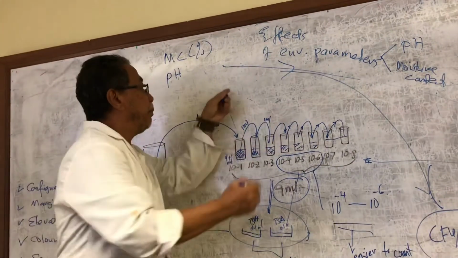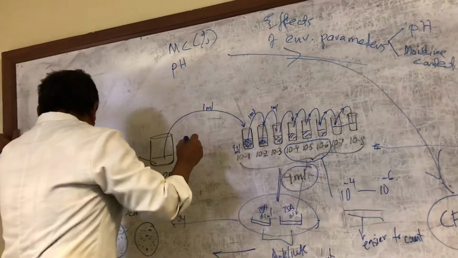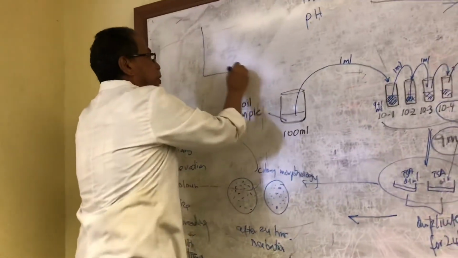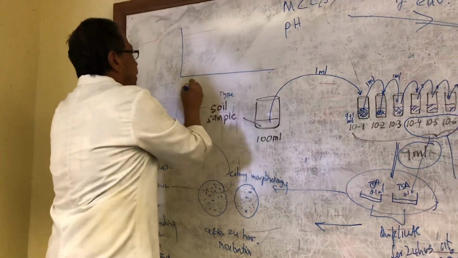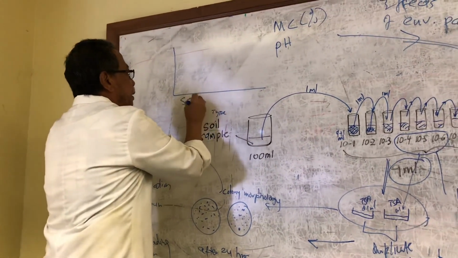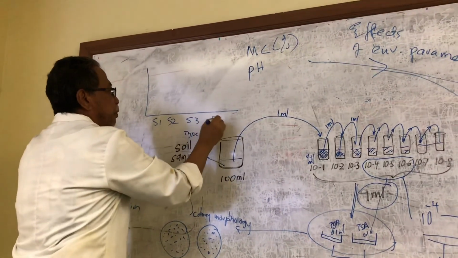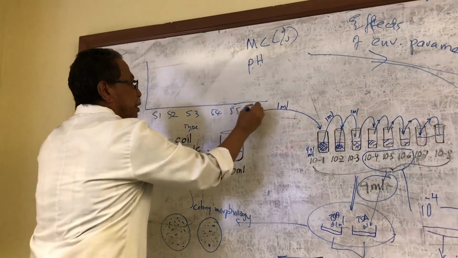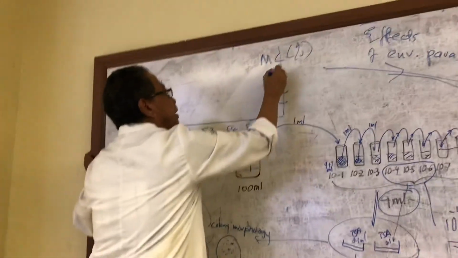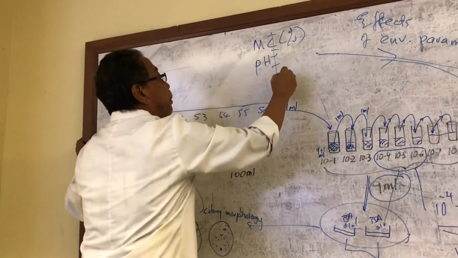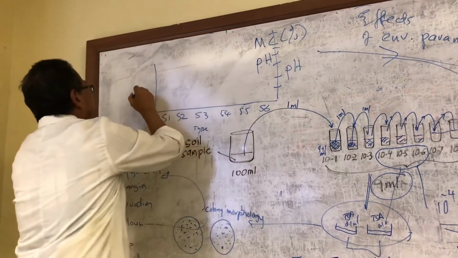You can make your own graph. For example, let's say you have 6 plots, 6 soils: soil 1, soil 2, soil 3, soil 4, soil 5, soil 6. Because you have 6 groups, you have 2 axes. Maybe this axis is the pH and this is the CFU.